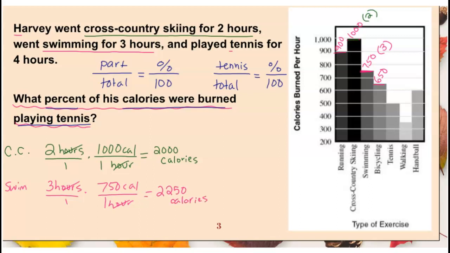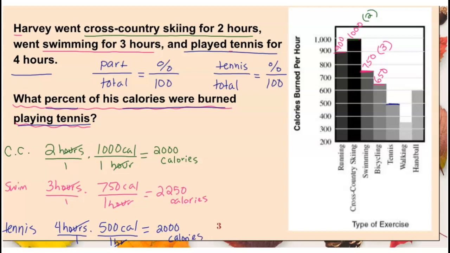Well, Harvey also played tennis. So for tennis, he burned 500 calories an hour, and he played for 4 hours. So 4 hours times 500 calories per hour. The hours will cancel there, and we're left with 2,000 calories.